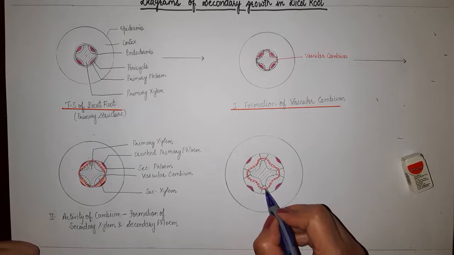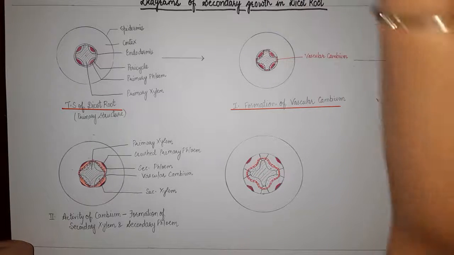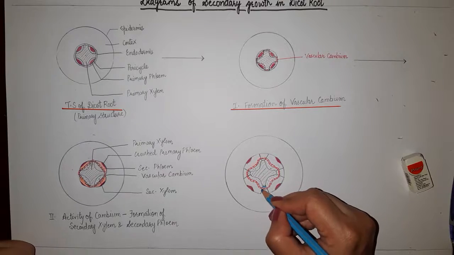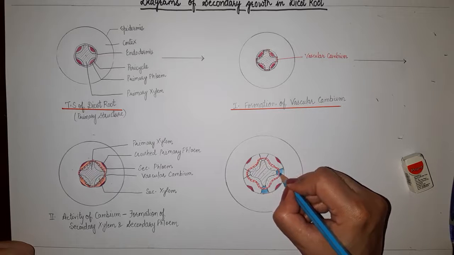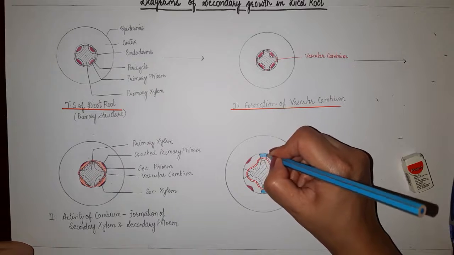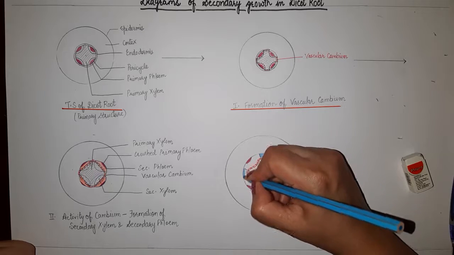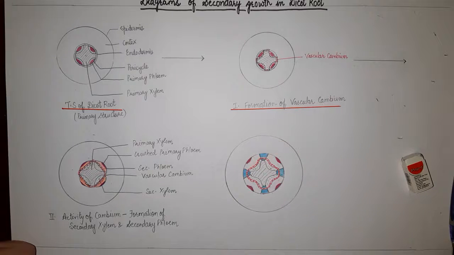So, this vascular cambium towards inner side and outer side is going to form medullary rays. We can mark this area with a separate color. These medullary rays which are arising directly, they look appearing from the protoxylem. These are called primary medullary rays. Okay.